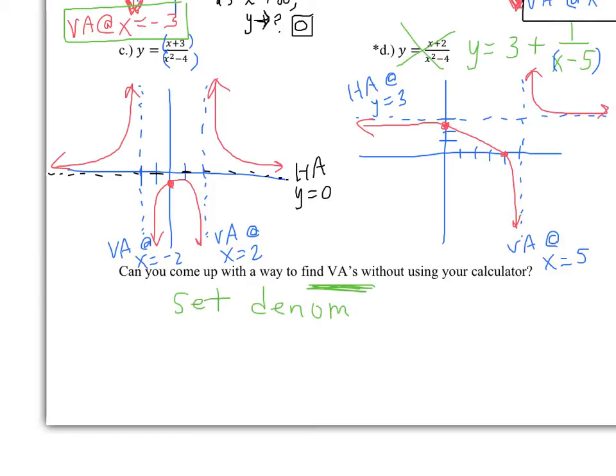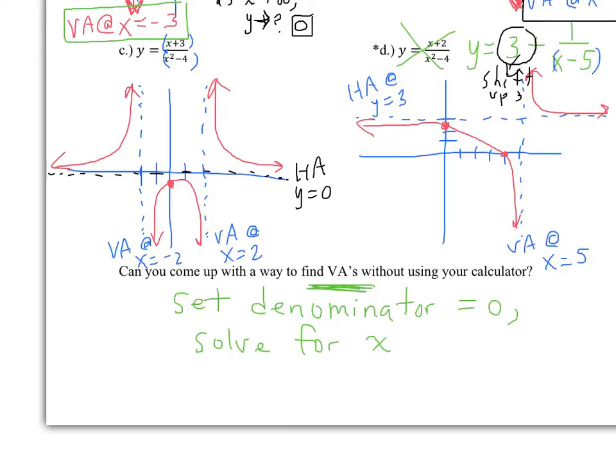You're going to set the denominator equal to 0, and you're going to solve for x. Okay? Notice that right here with the last example. This plus 3 that we see, this is just going to take our graph of 1 over x minus 5, and it's going to shift it up 3.